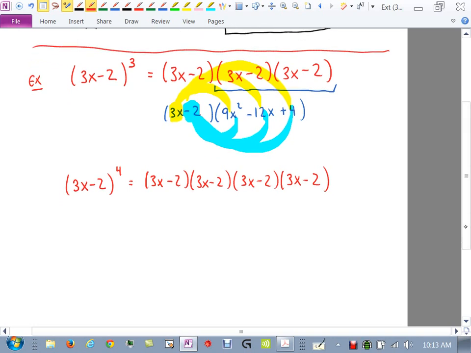Yeah, so you could do these two together, you know what those are, right? And then you could do these two together. So that first one is 9x squared minus 12x plus 4. These other two together is 9x squared minus 12x plus 4. And that's a trinomial times a trinomial, which we could do. That would be 9 multiplications, but we could do it. With me? These are ugly, but it's the concept. The idea is there, at least.